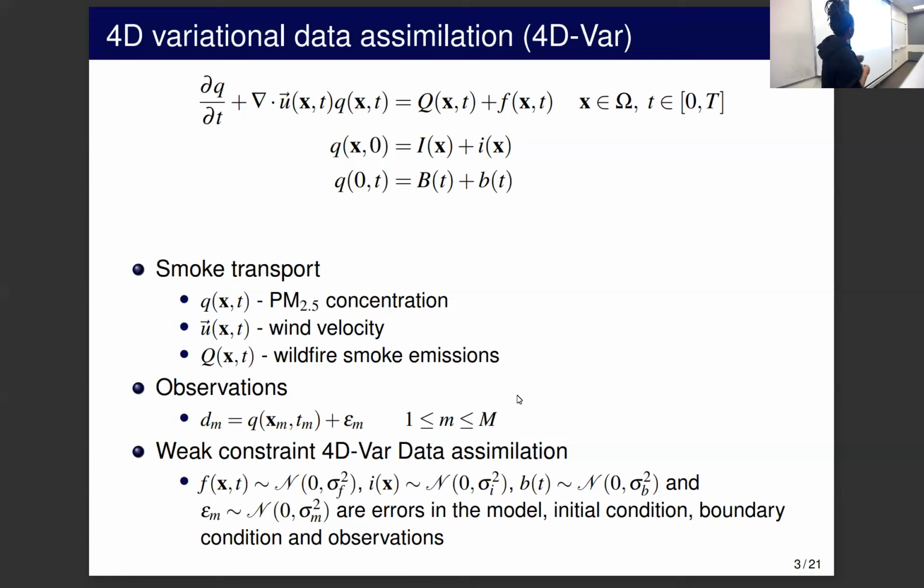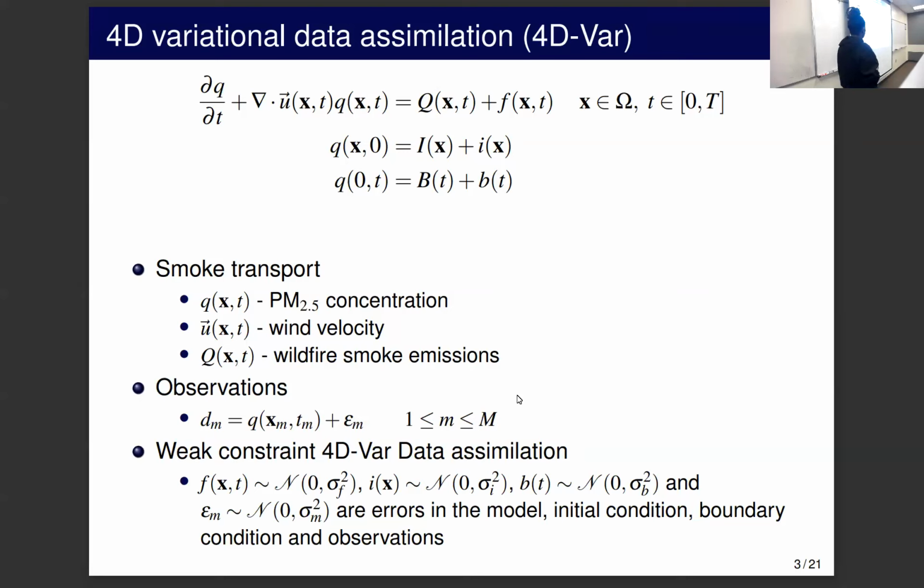For this project, we use the transport equation as our model, and this models PM2.5 concentrations represented by small letter q. The model is shown above with initial and boundary conditions. Here, u represents the wind field, and our first q represents wildfire smoke conditions.